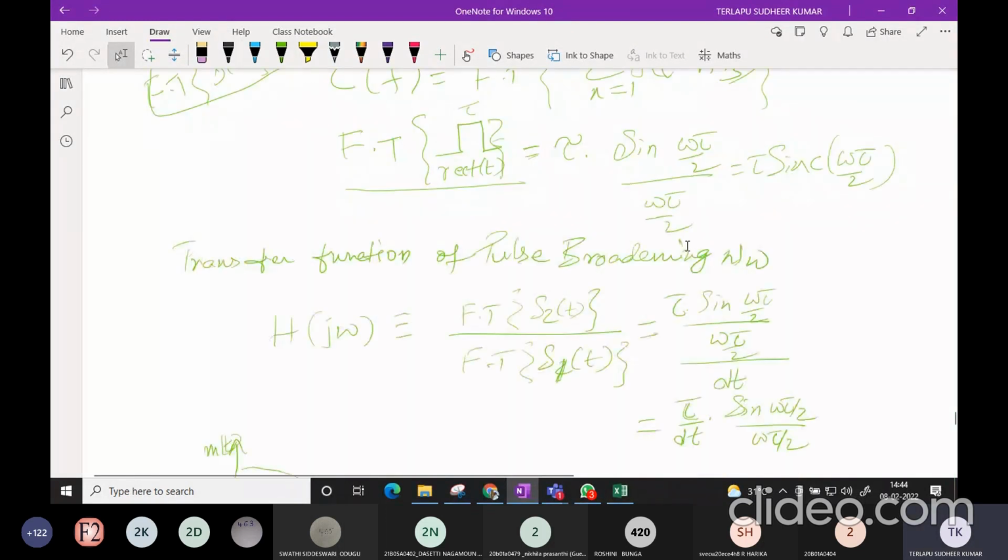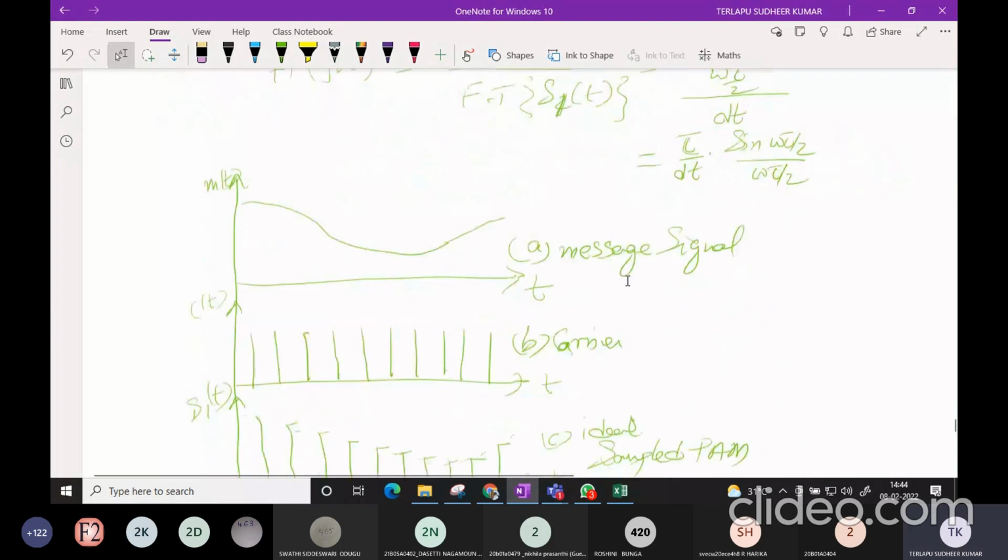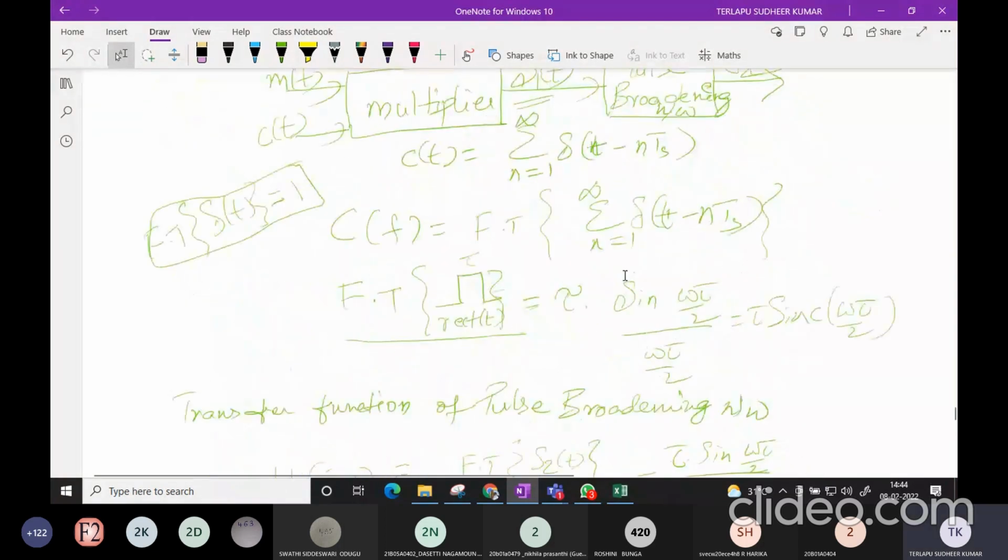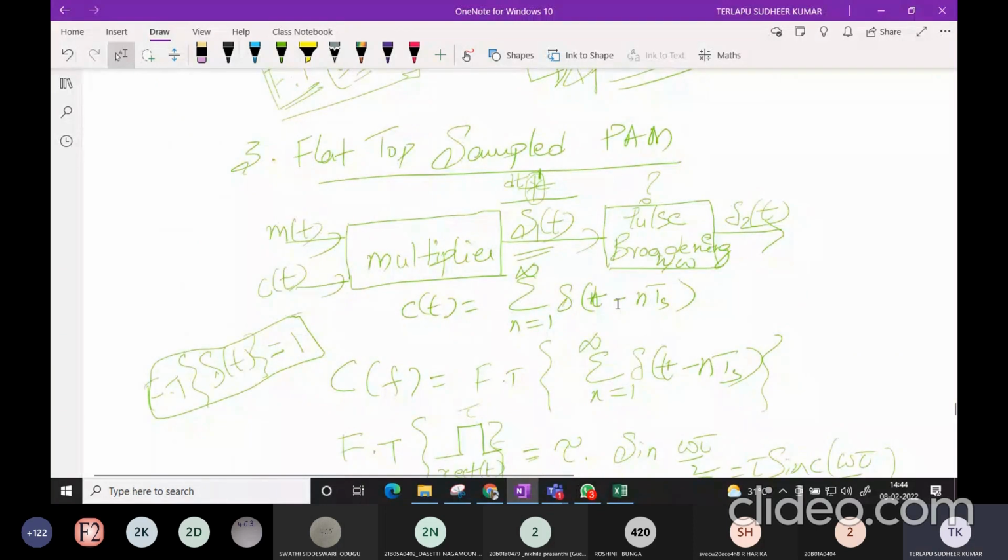Then we move to the flat top sampled signal, where the output of the ideal sampled PAM is given to a pulse broadening network. Can we imagine a pulse broadening network?